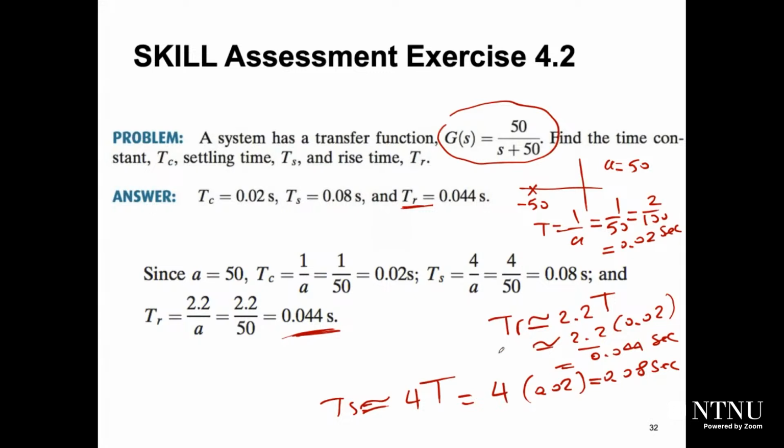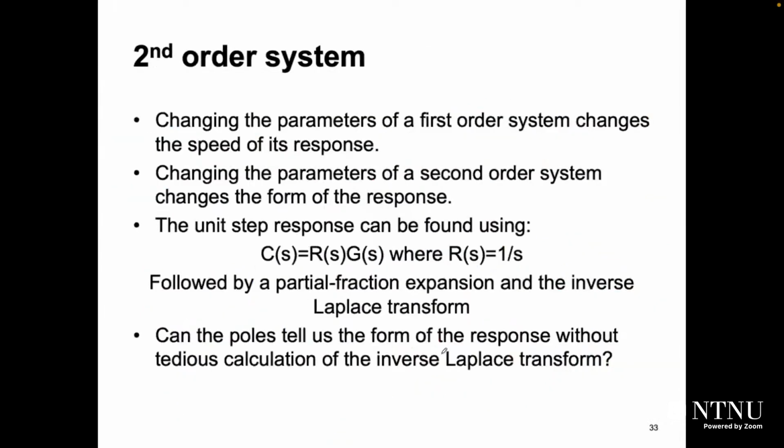From the time constant, you can calculate rise time and settling time. So you don't need to plot the response. You can just sketch it on paper and say, this is my time constant, this is my rise time, this is my settling time, right? Without plotting it, you can have an overview of the response of your system without simulating it.